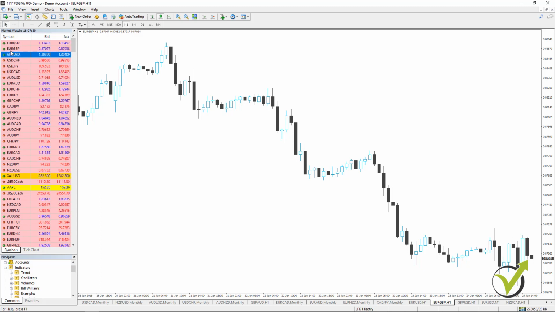Alright, so we have equal exposure, and this is very important when you are trading a couple of strategies together, no matter whether you are trading them manually or automatically. Don't place, for example, only dollar currency pairs. This is very wrong, and many traders are doing that.